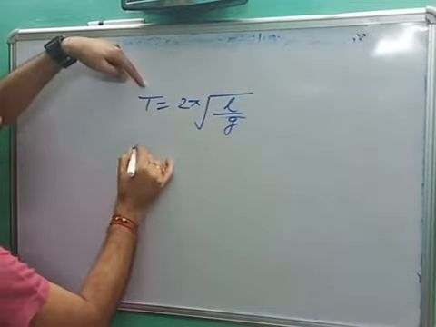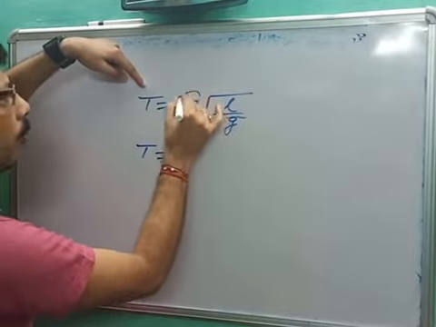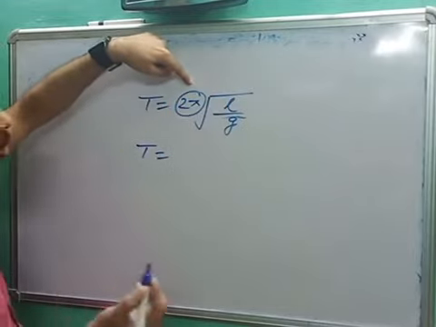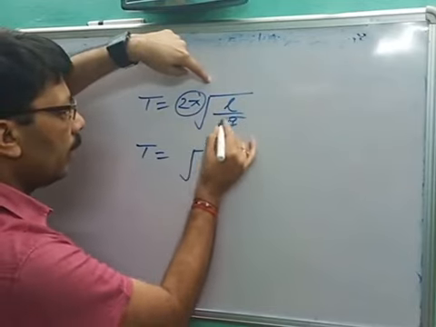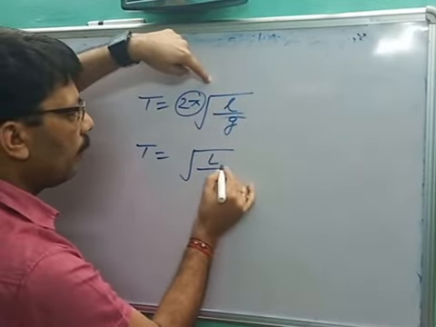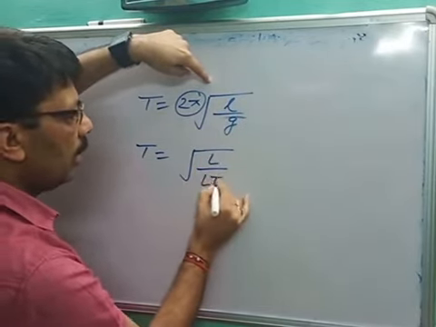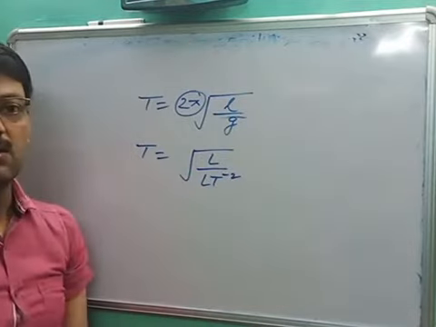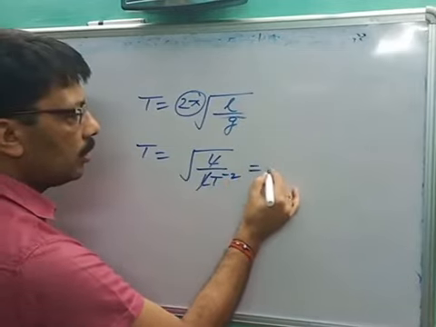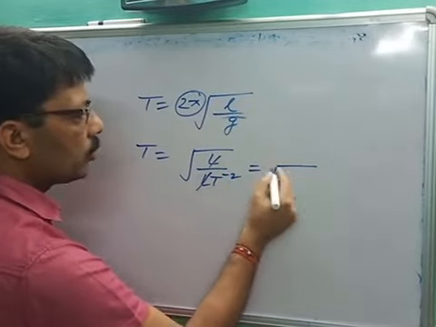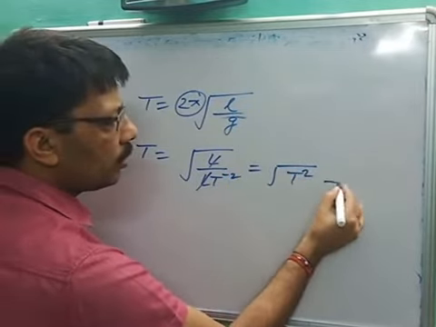T for time. T is equal to 2 pi, which is a dimensionless quantity, not a physical quantity, so it will not be included, is equal to under root L, L for capital L upon G. G is Lt power minus 2 because G is the acceleration. L will cancel out. It will come t square root t.